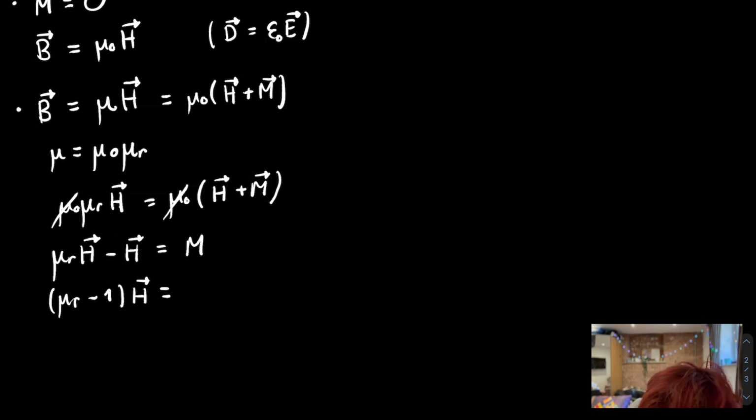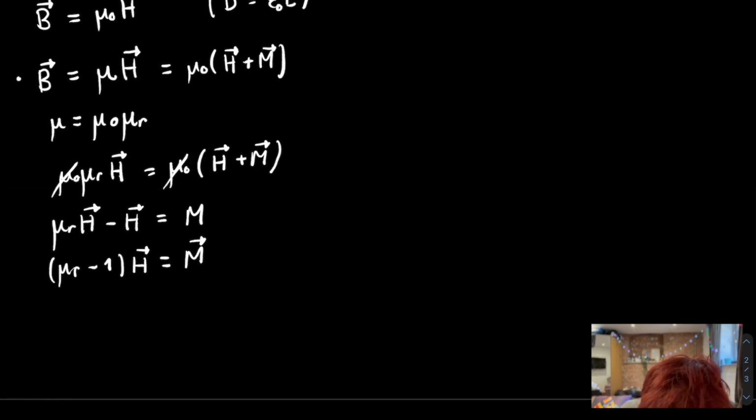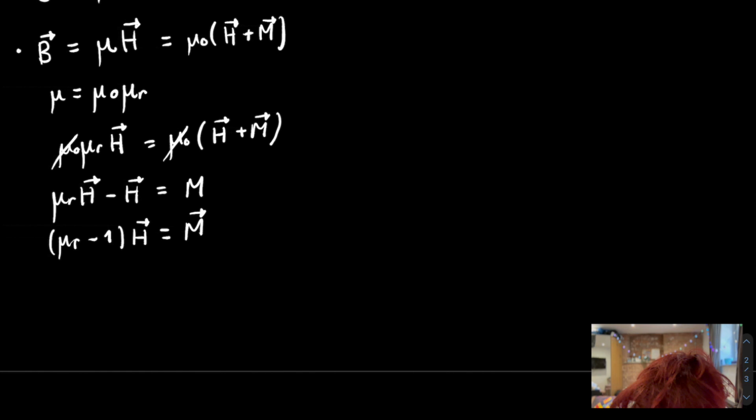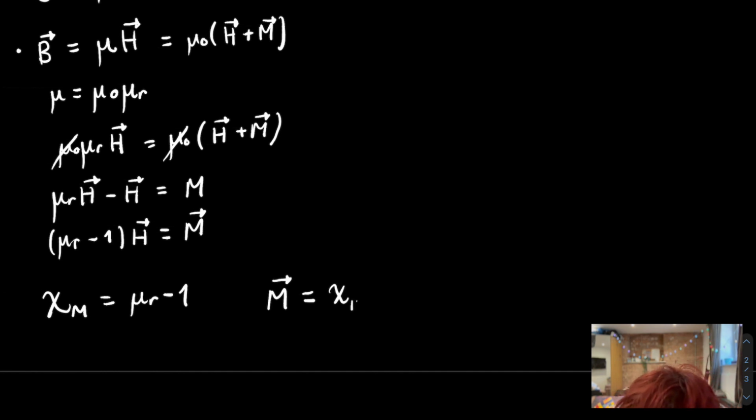is equal to M. And similar to the electric case, we can define the susceptibility, which we give the symbol chi, and this is the magnetic susceptibility, as being equal to the relative permeability minus 1. From that, we get the result that the magnetization is equal to our magnetic susceptibility times the magnetic intensity.